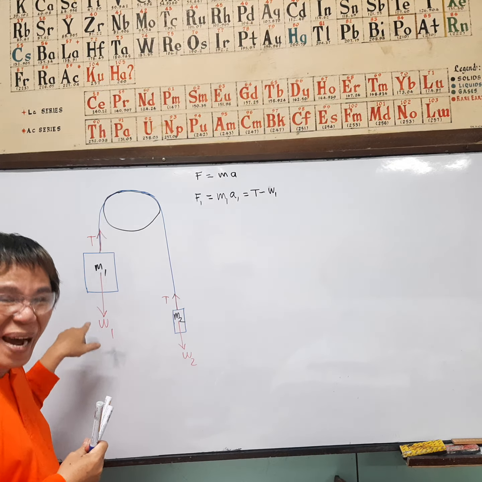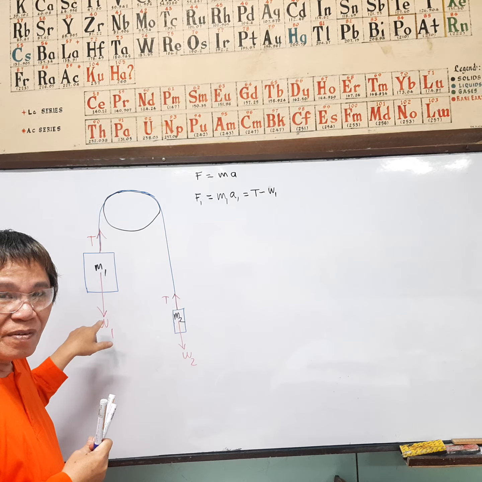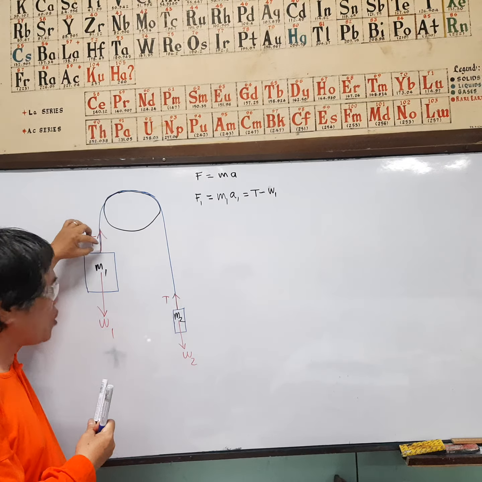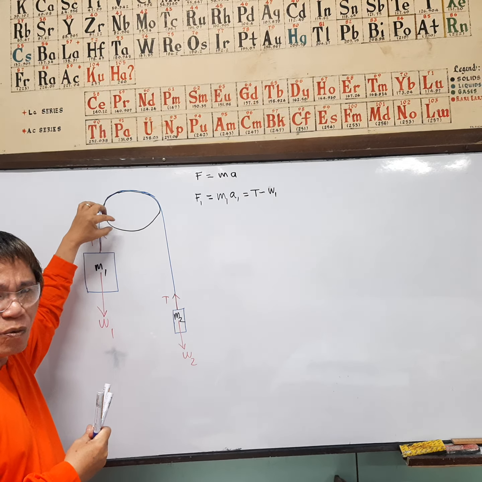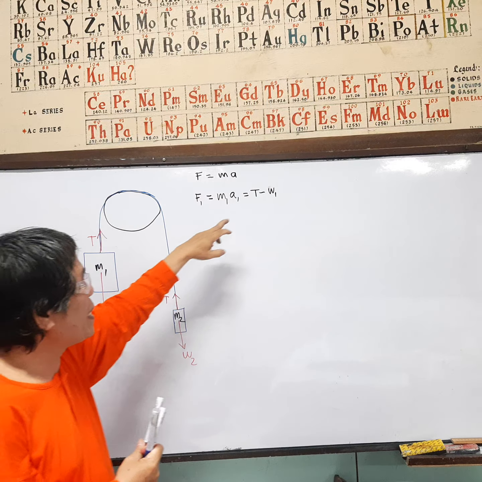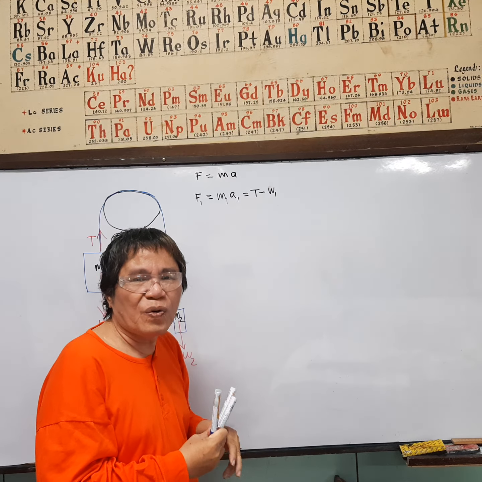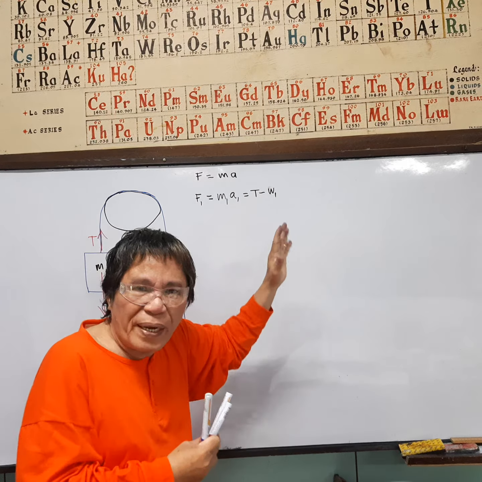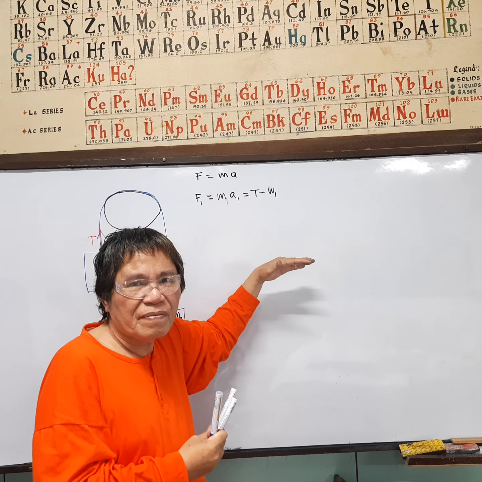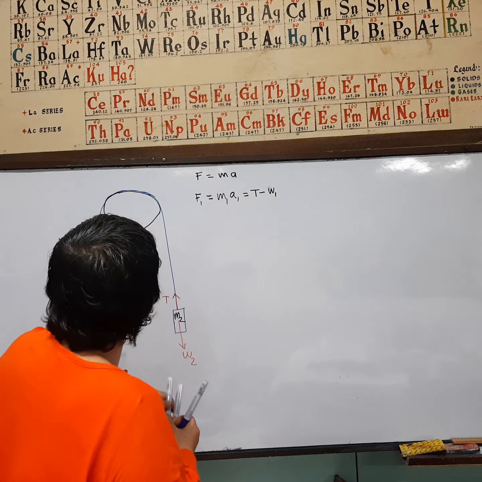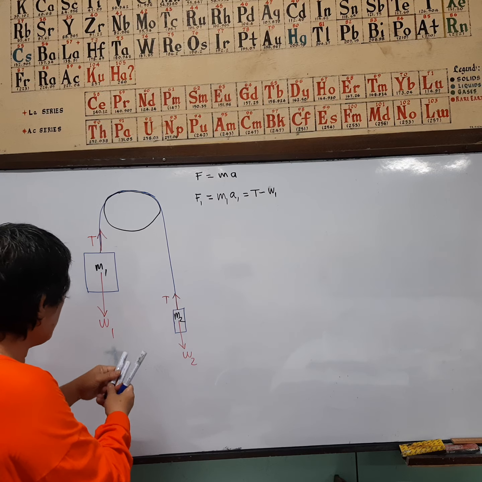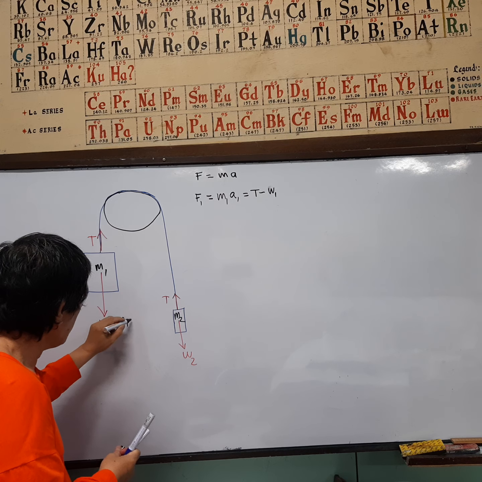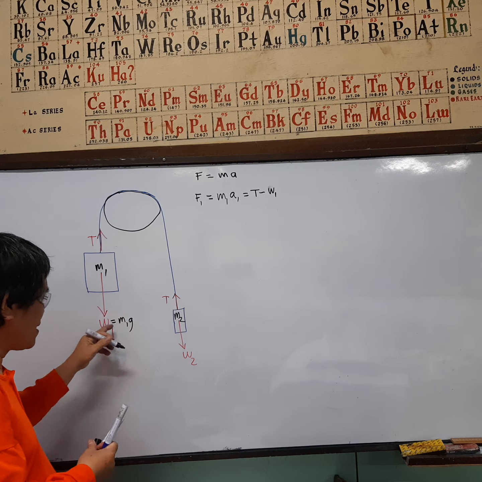So, W1 minus tension. But here, the problem is telling us it's going up. So therefore, tension is pulling the cage with a greater force. So that's why T minus W1. If the cage does not have weight, T minus 0, no weight. But there is weight there, as given. The weight W1 is equal to M1G. That's the weight.